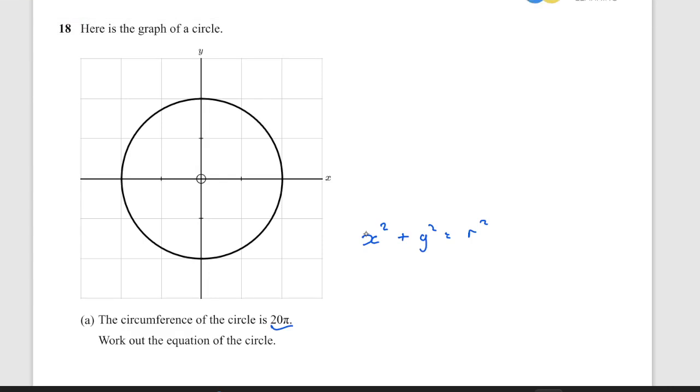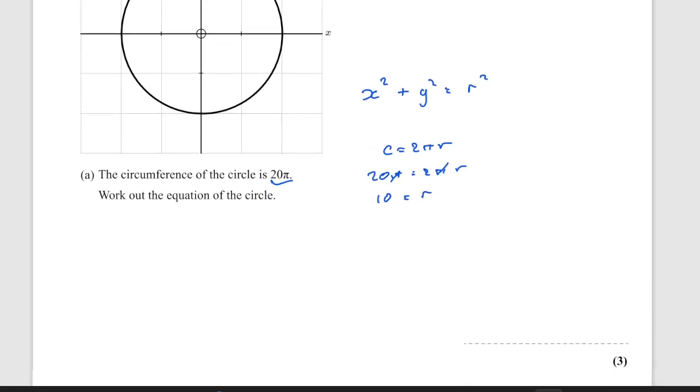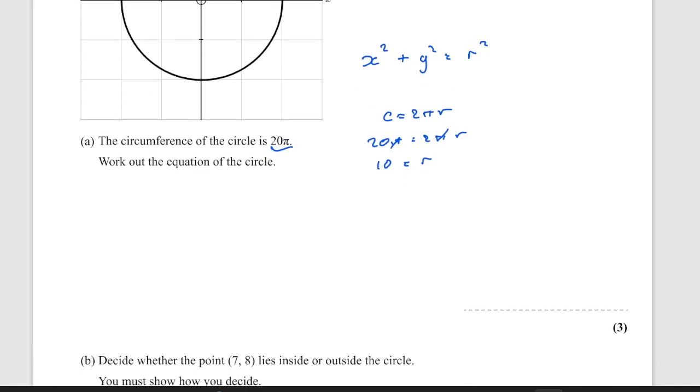The circumference is equal to 2 pi r, so 20 pi is equal to 2 times pi times r. Cancel the pi's and divide by 2. So the radius is equal to 10. So the full equation of the circle is x squared plus y squared equals 10 squared, or equals 100.